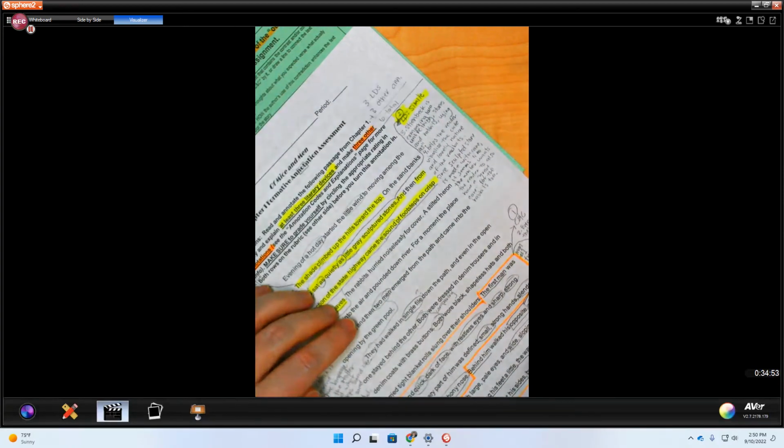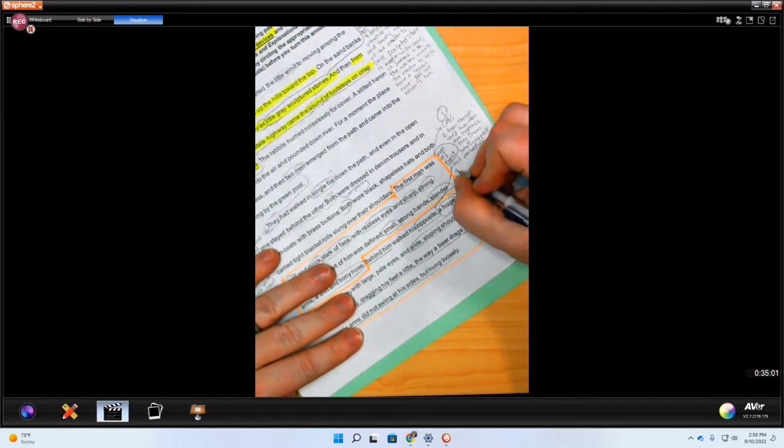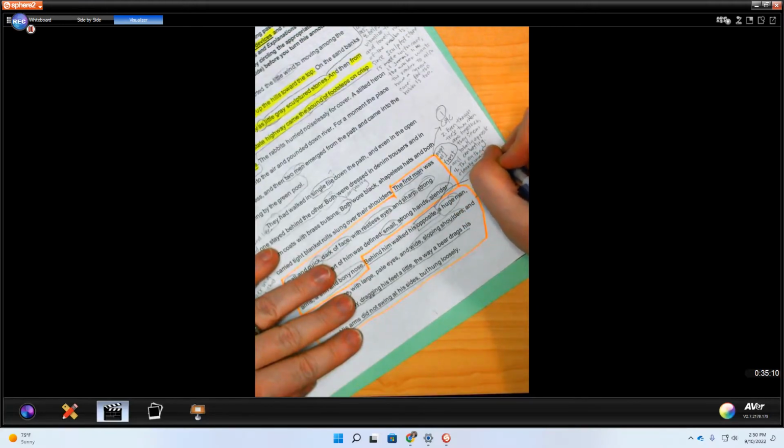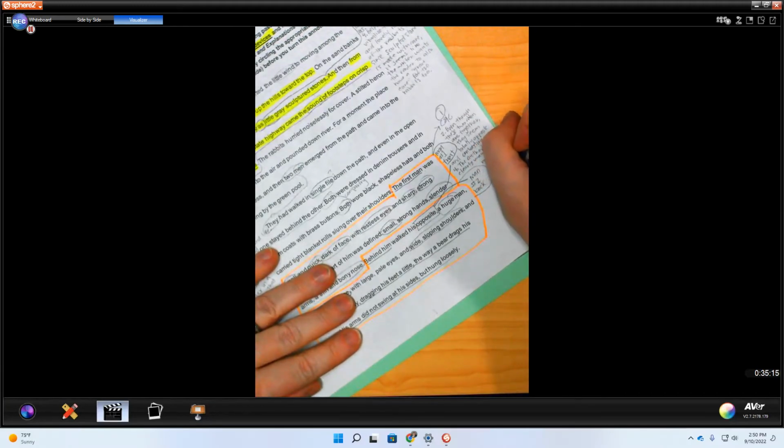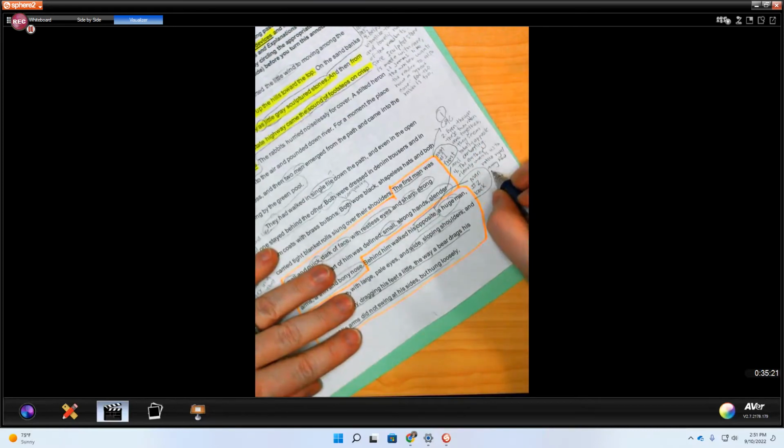And now I say, explain how the author's use of this contradiction enhances the text. So the author clearly wants us to notice, right? So here's number 4. Clearly wants us to notice right away how totally different these two men are.